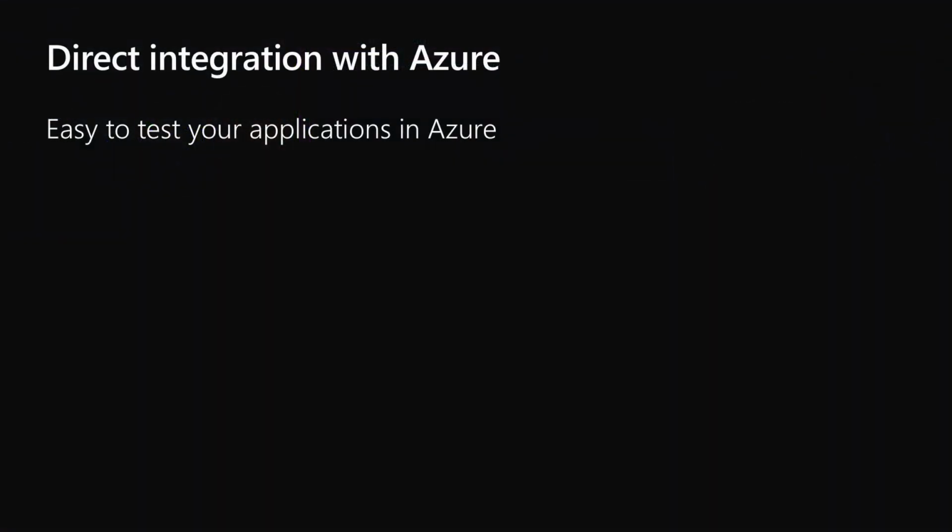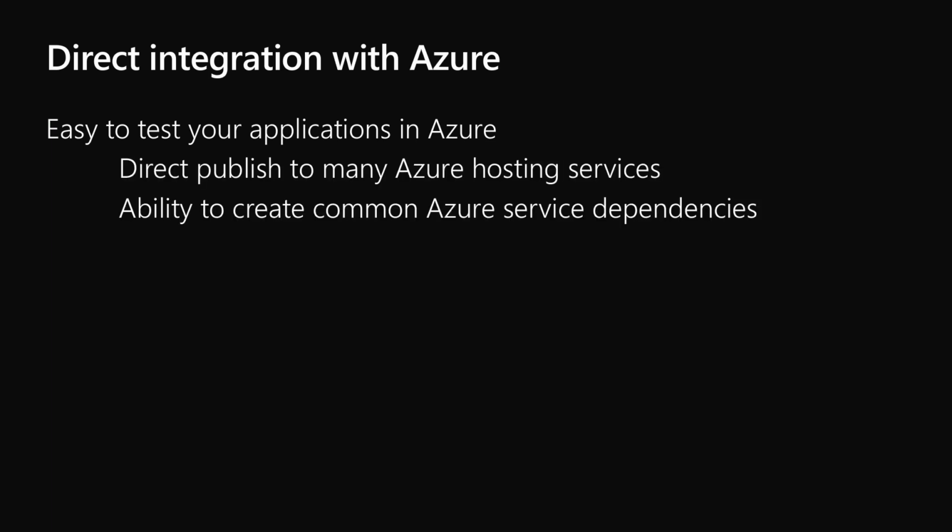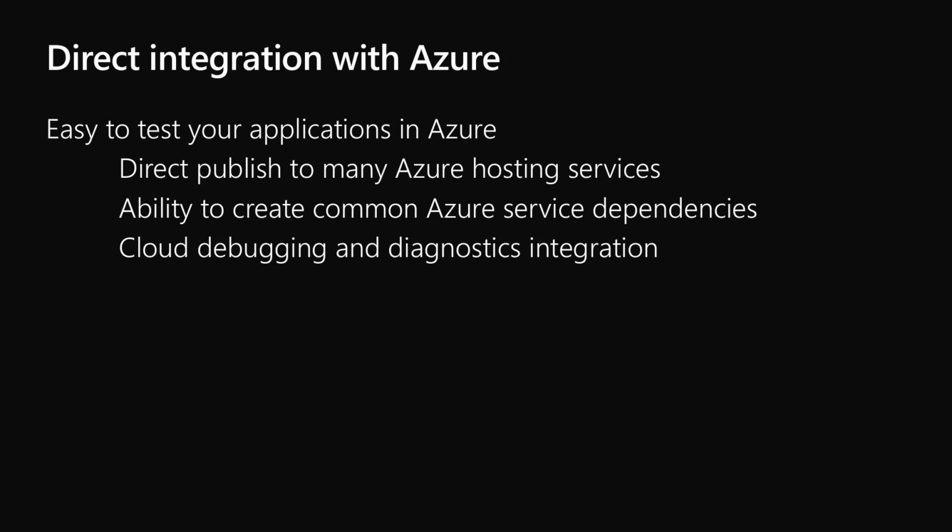So yeah, just to briefly review where we ended: we've not only made it really easy to get started by having project templates and all the tools that you'd want for local development, we've also tried to make it really easy to test your applications in Azure before you hand that over to an operations team or push that into production. And we showed a couple of the publish and provision capabilities that we've added to Visual Studio.